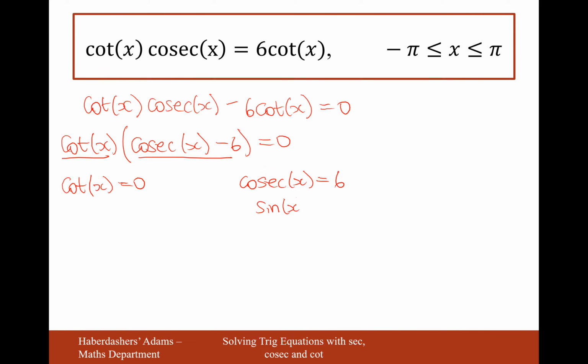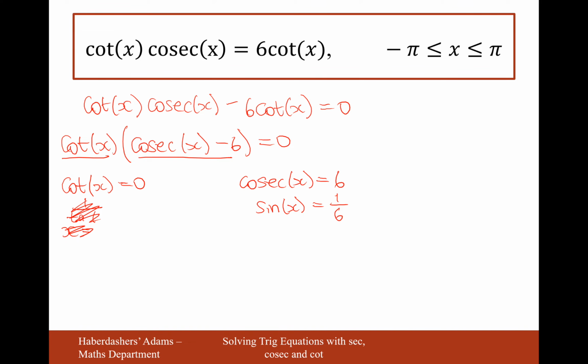In which case sine x will be 1 over 6. And maybe you've got familiar now with doing that cross multiplying of the sine and the cos and the tan. So I've now got two equations to solve. In between minus pi to pi, well actually what I could do here is I could say that this would be 1 over tan.